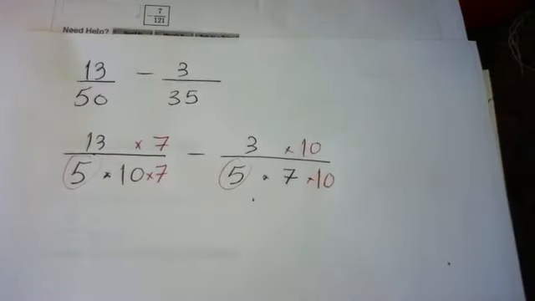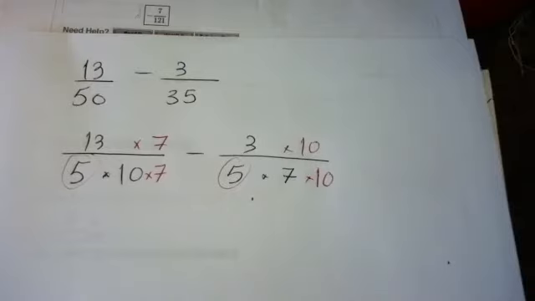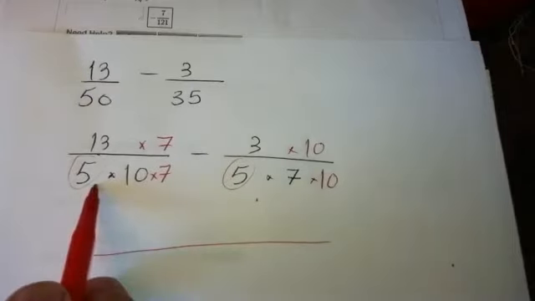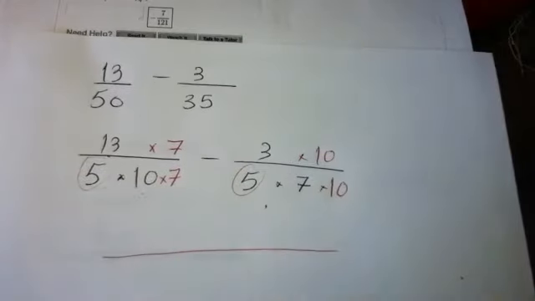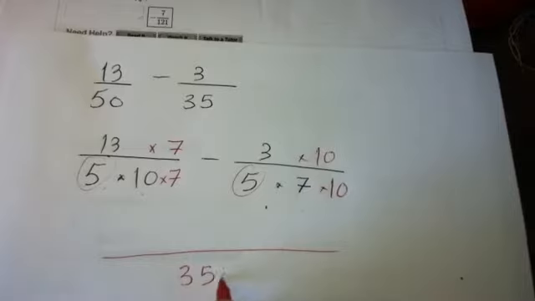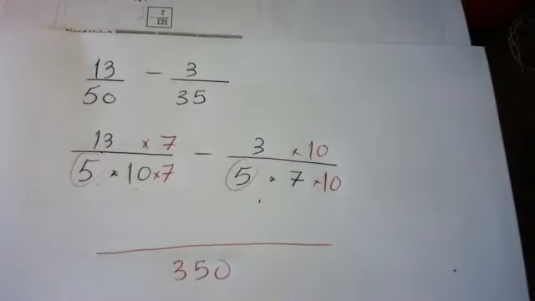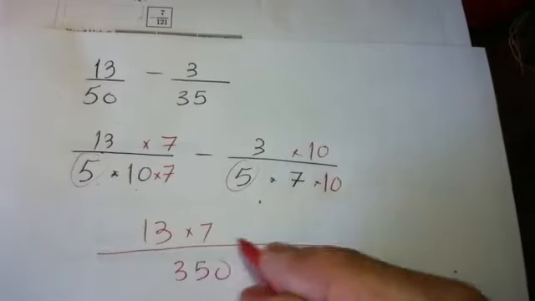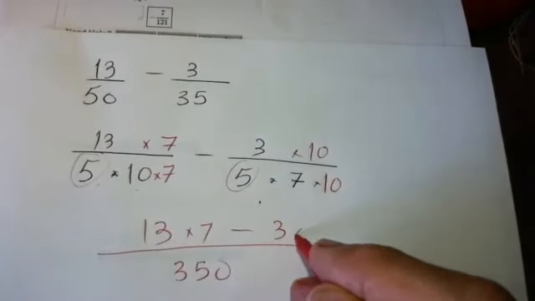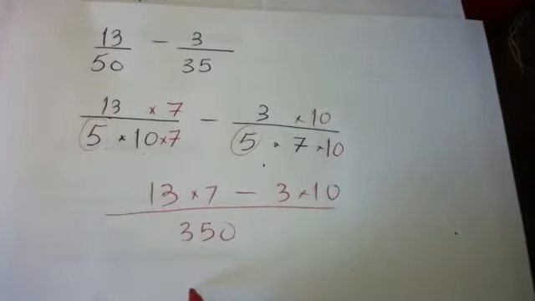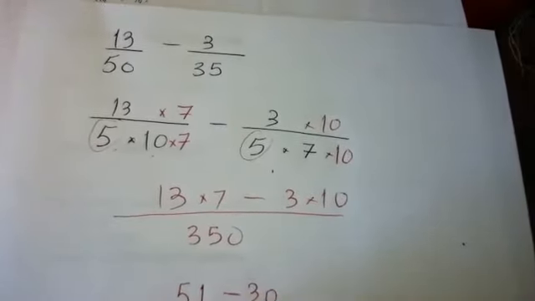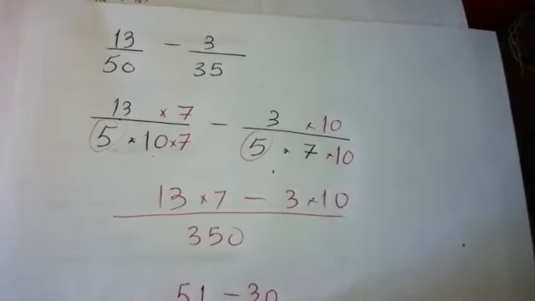They all have the same denominator, which is what? 5 times 10 times 7 is 350. See, because both have the same denominator. And now it's 13 times 7 minus 3 times 10. So it would be 51 minus 30 over 350. So that would be 21 over 350.